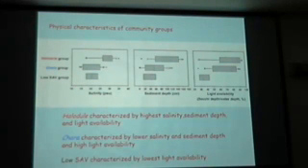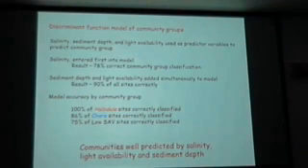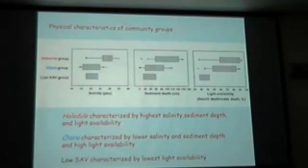What I want you to take away from this graph is that these community groups have different characteristic environmental characteristics. So the Halodule group is characterized by the highest salinity, sediment depth, and also the highest light availability. Chara is characterized by lower salinity and sediment depth and high light availability. And the low SAV group was characterized by the lowest light availability.